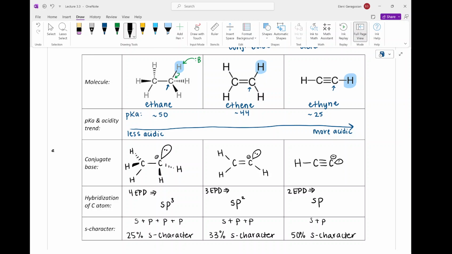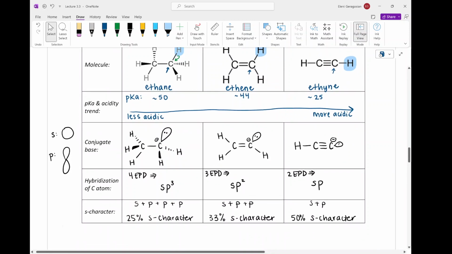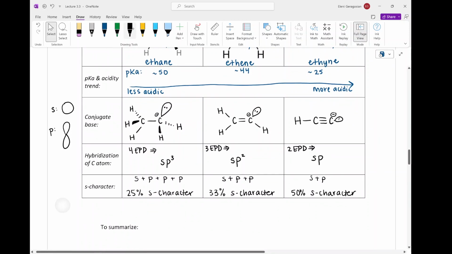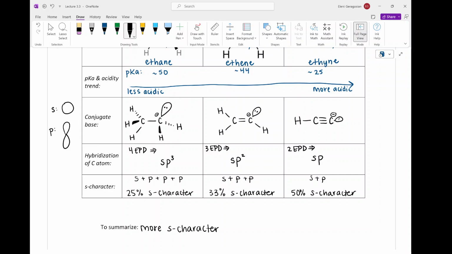Now let's remember an s orbital is spherical and p orbitals are dumbbell shaped, and p orbitals can exist further away from the nucleus. So for atoms with more s character, the non-bonding electrons are closer to the nucleus.